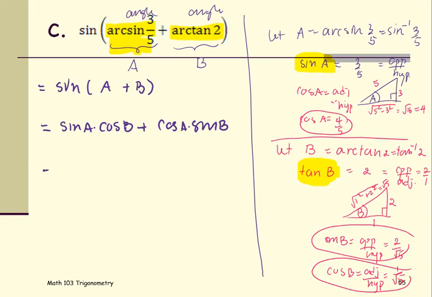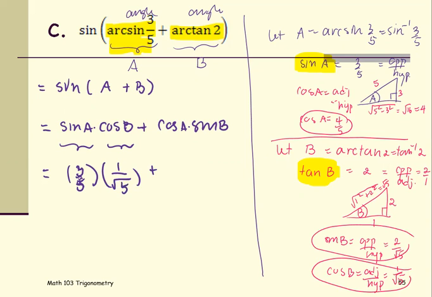For the main part, the sine A will be replaced with the value 3 over 5. The cosine B will be replaced with the value 1 over square root of 5.